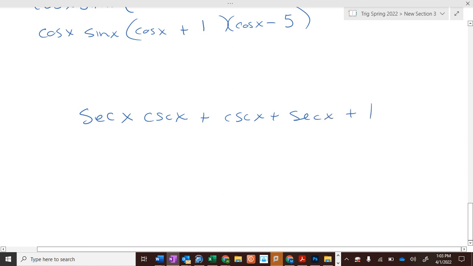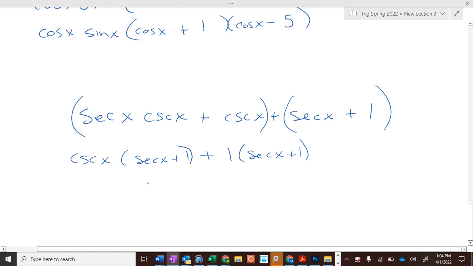If there's 4 terms, we factor by grouping. What's the greatest common factor of the first two? Cosecant of x. And we get secant of x plus 1. What's the greatest common factor of the last two? 1. 1's the only thing that comes out of there. Secant of x plus 1. So it's cosecant of x plus 1 times secant of x plus 1.